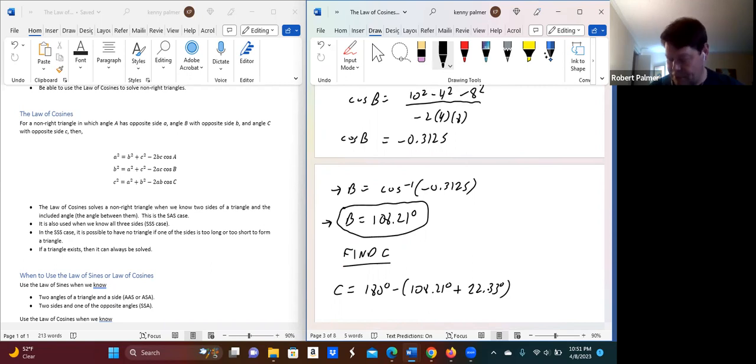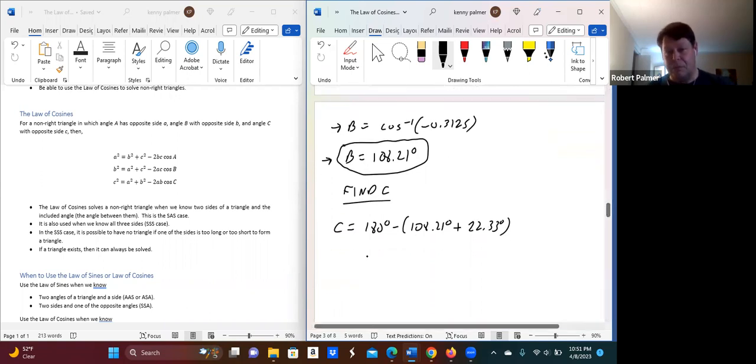Sorry, I made a mistake, so let me try that again. Okay, and so angle C should be approximately 49.46 degrees, once again to 2 decimal places.